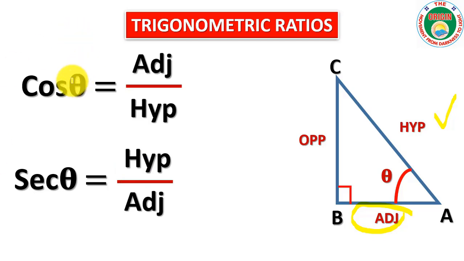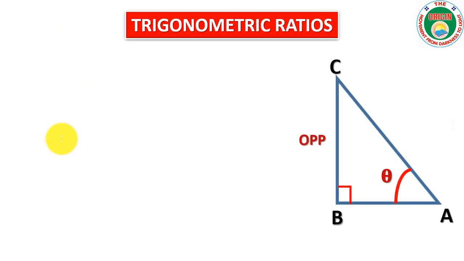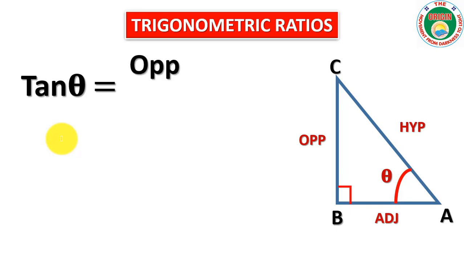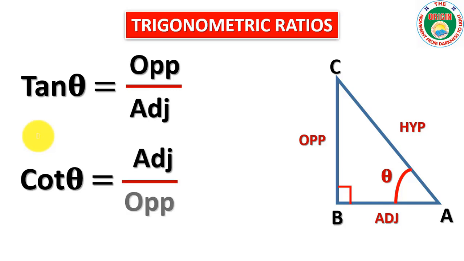These two are reciprocal with each other. Next one, opposite, adjacent, hypotenuse, tan theta, that is opposite by adjacent. The reciprocal of tan theta is cot theta, that is adjacent by opposite.